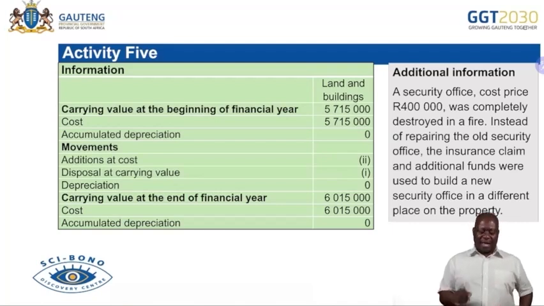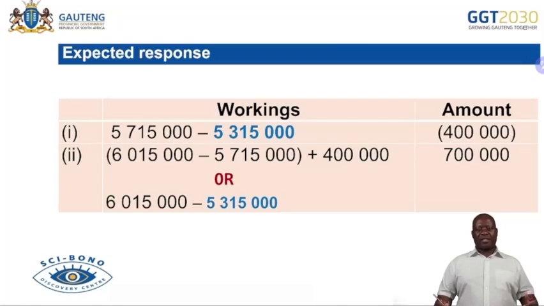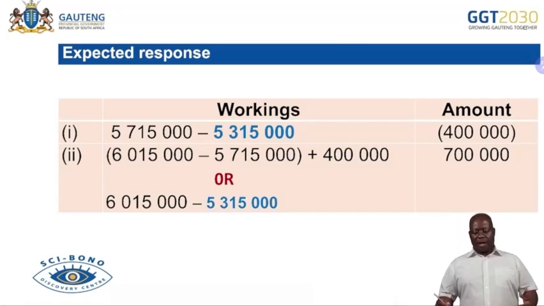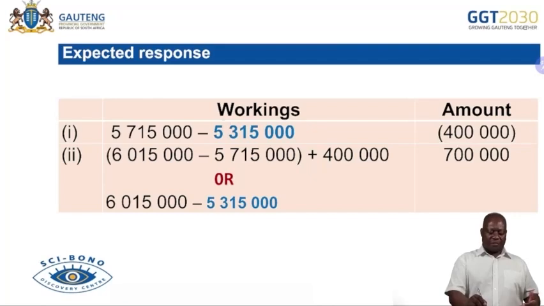So it therefore means there are two things taking place. One, disposal, and two, additions at cost. Starting with one. That one was straightforward. 400,000 is the disposal amount. So what we are just looking at is trying to determine, if 400,000 was lost, how much was left?